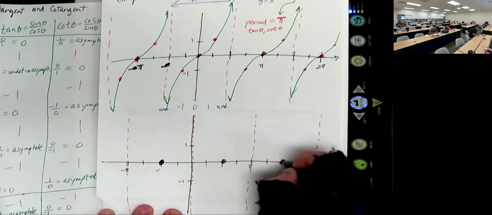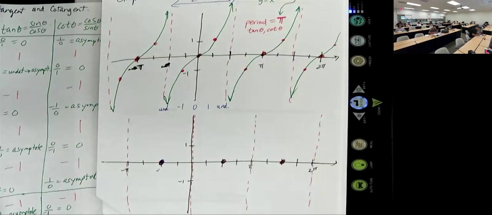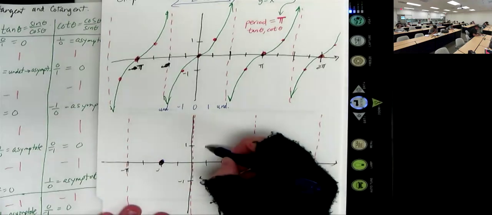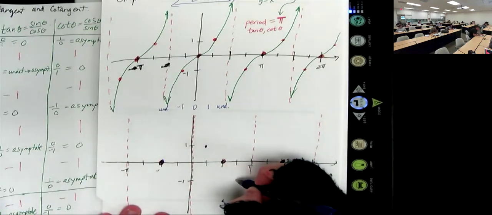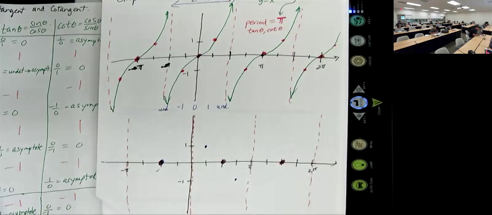Pi over 2 mark. At pi over 4, we had a 1, and at 3 pi over 4, we have a -1. It looks like between the asymptotes, it's going downward now, 3 dots.